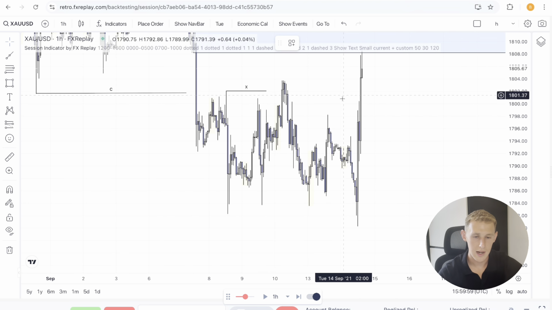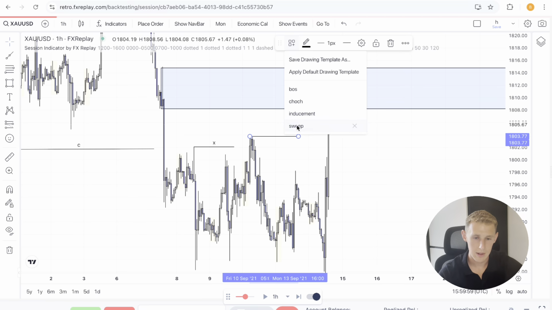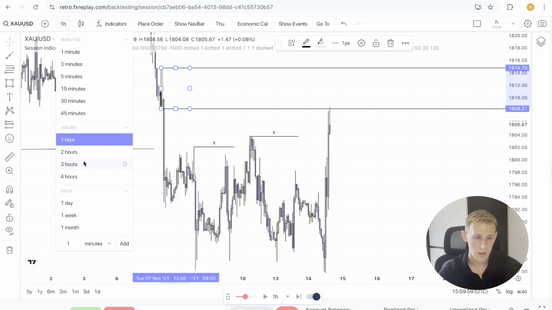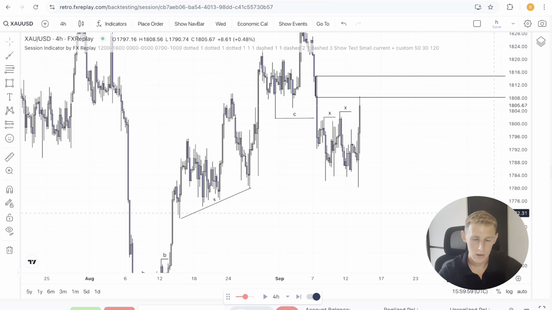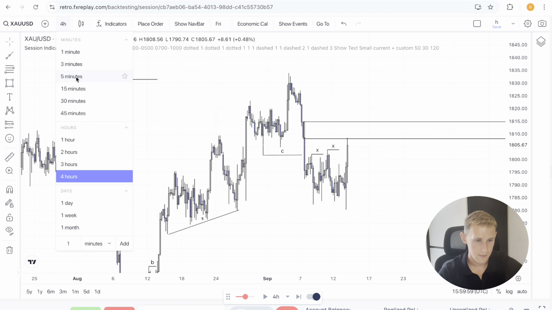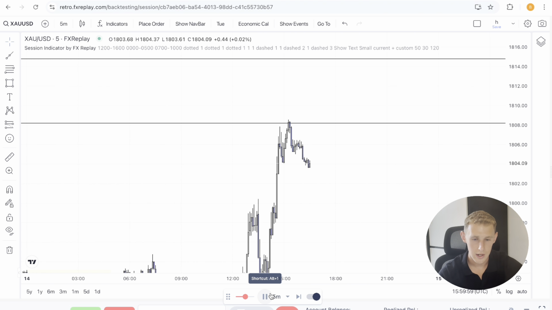Right, so it did take the lows, but now it's come back up, re-grabbed the high, tapped into this area of supply. So I'm going to look for a sell here. If you look on the 4 hour as well, still got all of these lows just below. So yeah, let's see if it breaks bearish here.